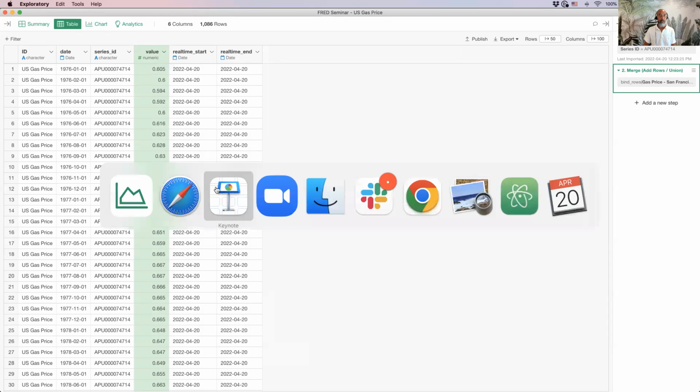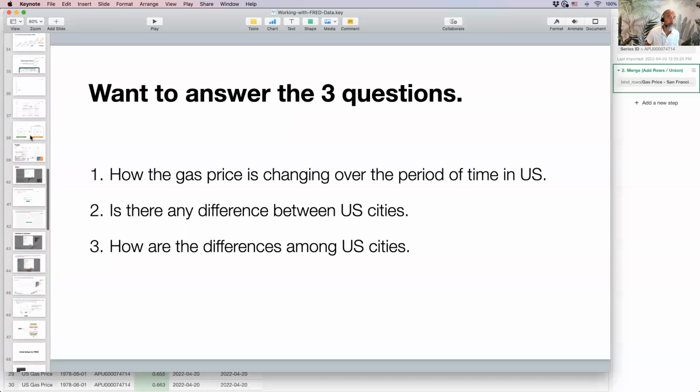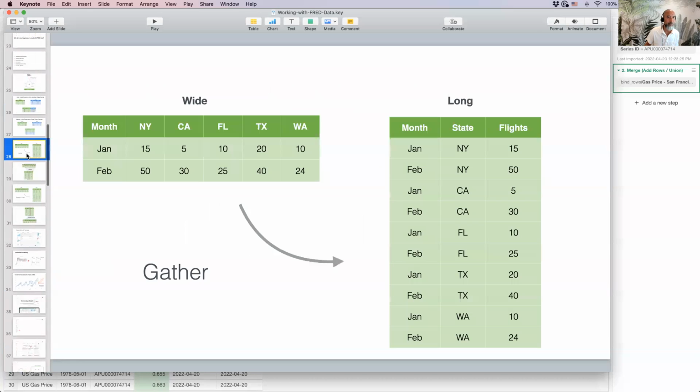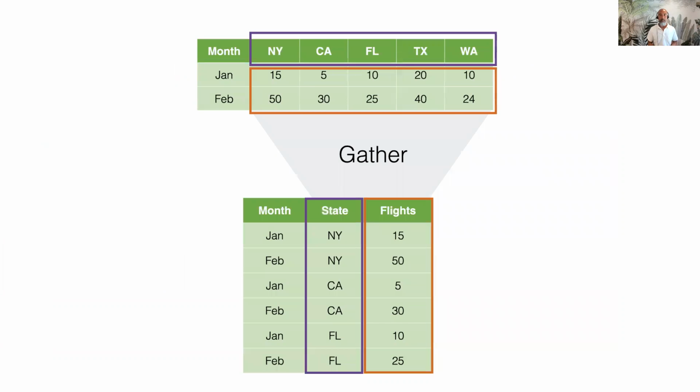And that's where you want to do some sort of transformation. One of the transformations we typically do is wide data to long data. This happens especially when you have the country name as columns or month names as columns. Many people do that in Excel.